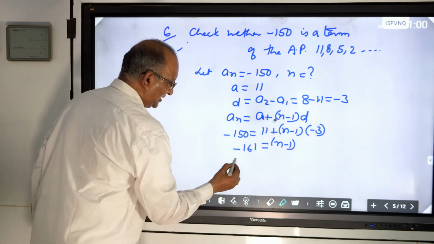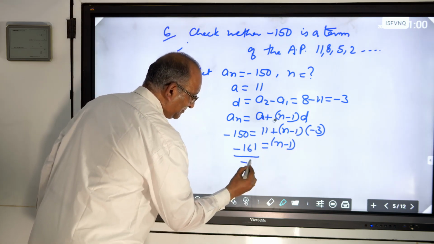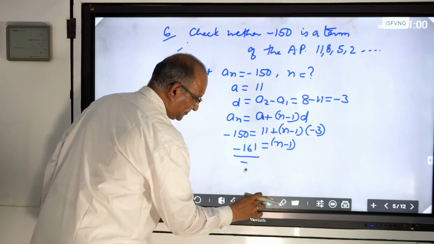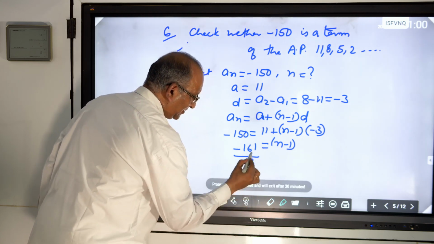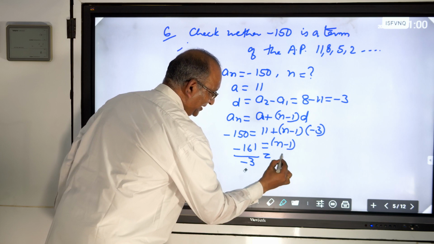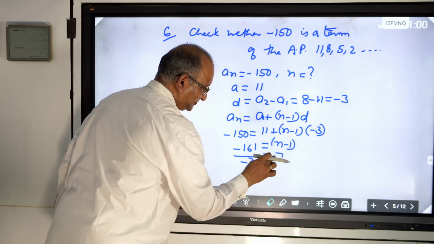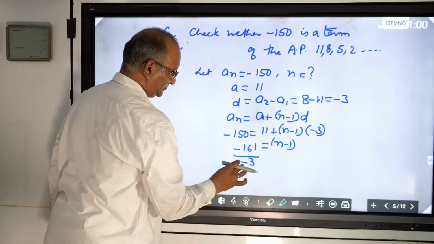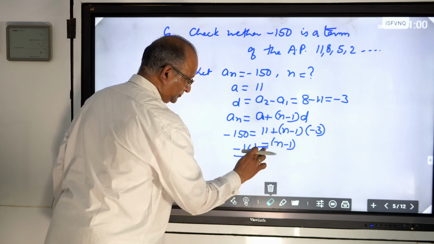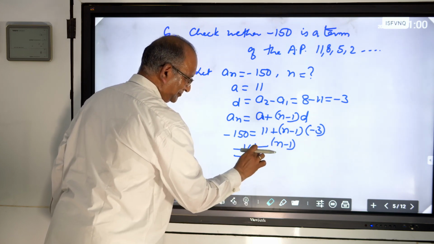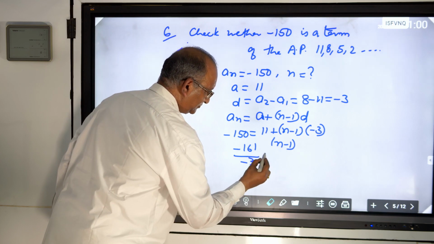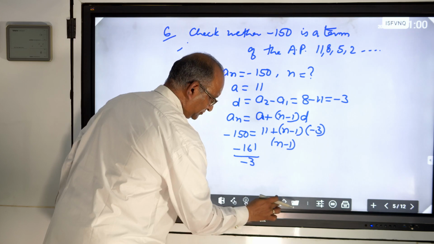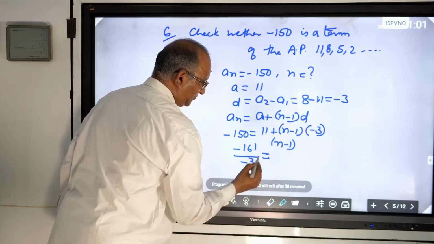If you directly take it to the other side, it will come to the denominator, minus 161 by minus 3 is equal to n minus 1.